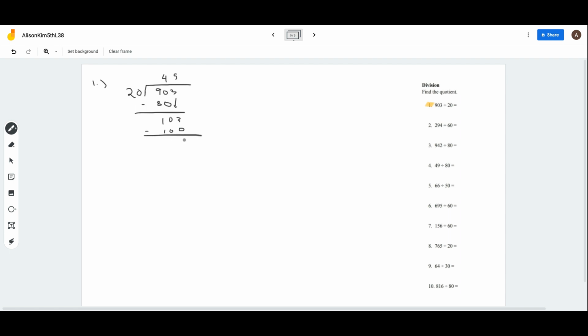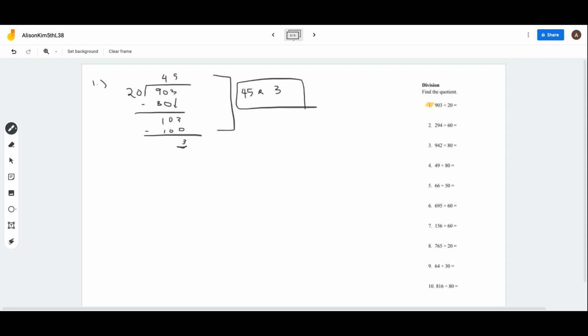And we're left with 3. Now, usually we would keep going using decimals, but it looks like this worksheet wants us to just leave it as a remainder. So our final answer would be 45 remainder. When you're doing remainder, the R is always capitalized, and then our remainder is 3. So we're going to put 3.